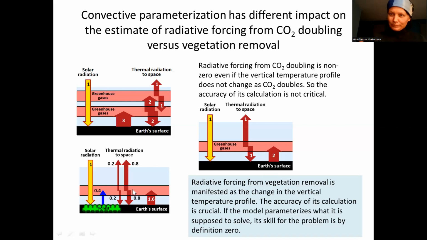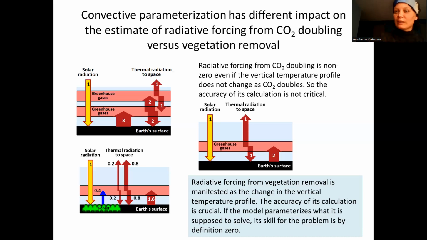So the redistribution of non-radiative fluxes is proportional to the change in the vertical temperature profile. Any inaccuracy in its calculation will be crucial to this effect, in contrast to the task of calculating CO2 radiative forcing.